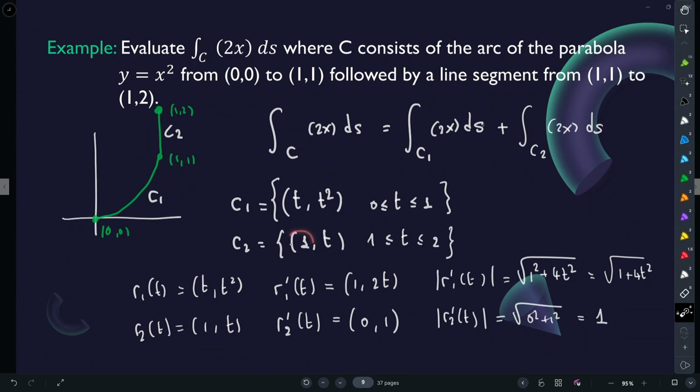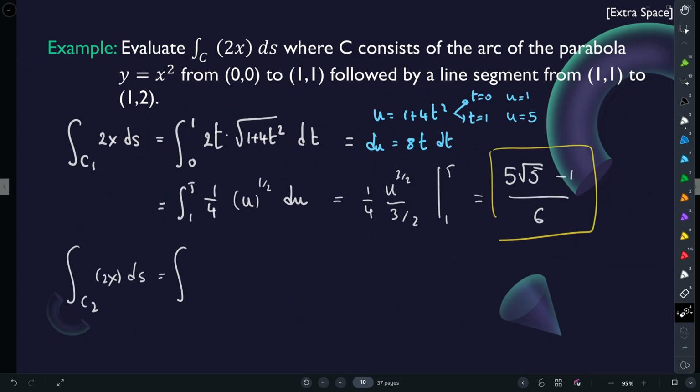The x coordinate is just 1, t is going from 1 to 2, and the length of the tangent vector is just 1. So I go from 1 to 2, 2 times x, which is just 1, so this is 2 times 1, and then the length of the tangent vector is 1, and just dt. So here's the integral of 2 between 1 and 2, which is just 2.